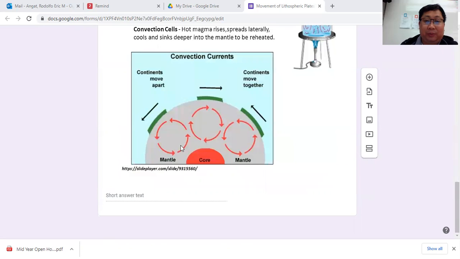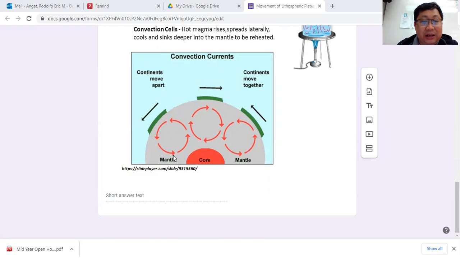It was discovered that the Atlantic Ocean is spreading apart and that new materials are added. And further investigation revealed that the tectonic plates are moving because of the convection currents in the mantle.